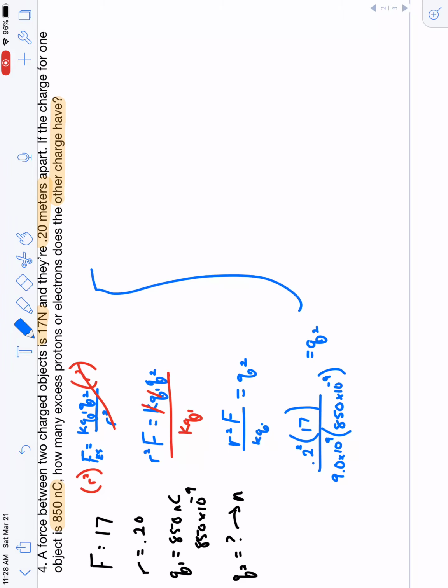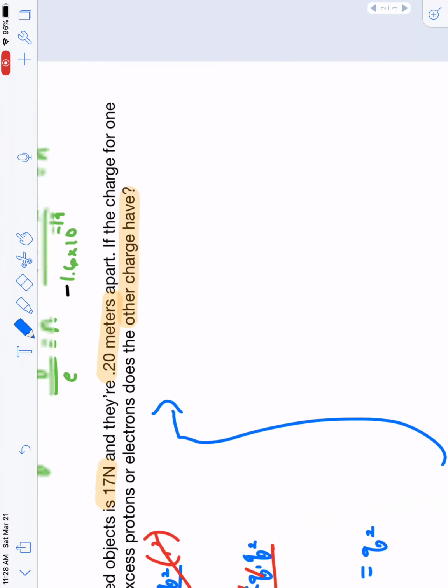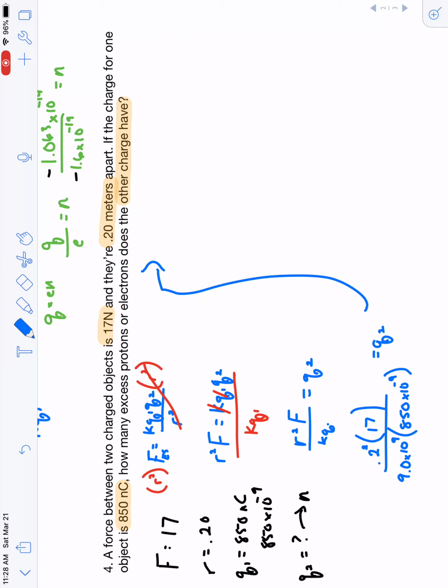We have 0.2, we're going to square that, and multiply it by 17.